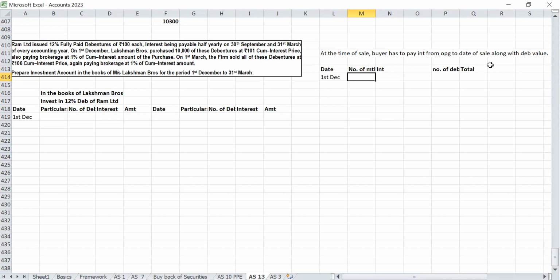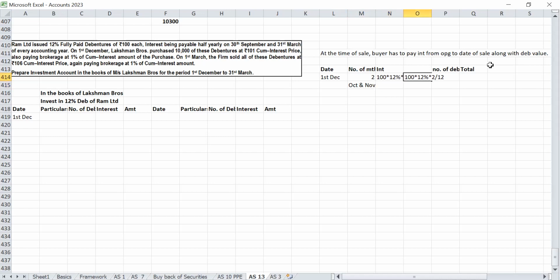The company last paid interest up to September. So October and November, only 2 months. December 1st you are purchasing. So interest will be 100 into 12% into 2 by 12.